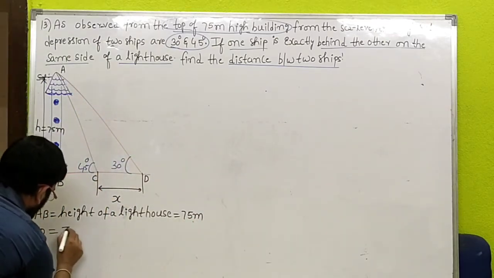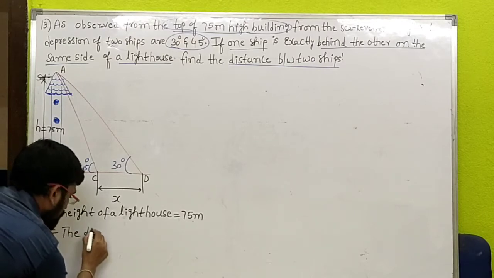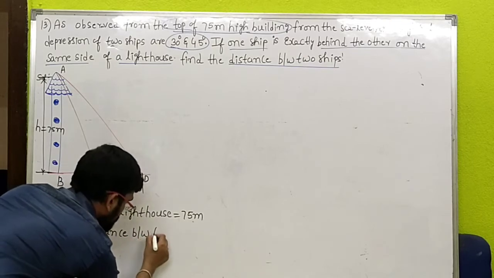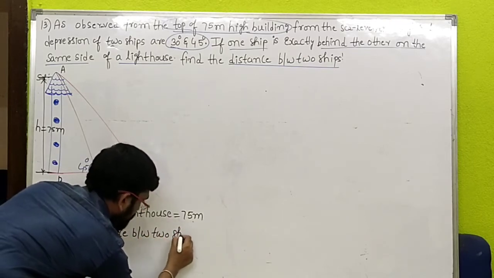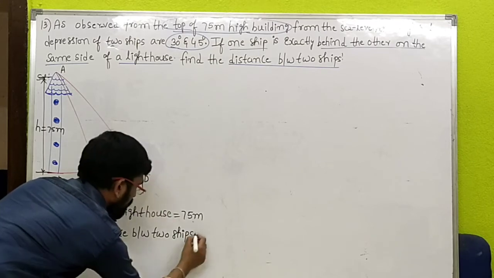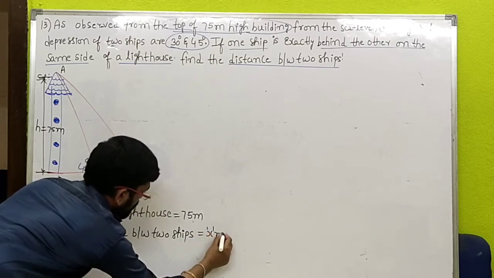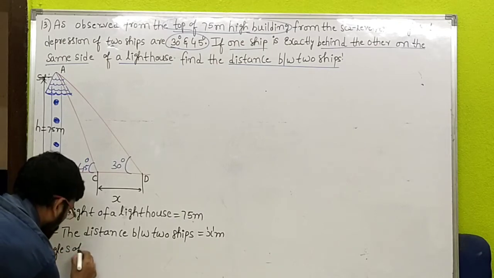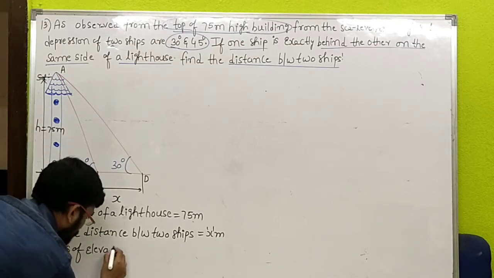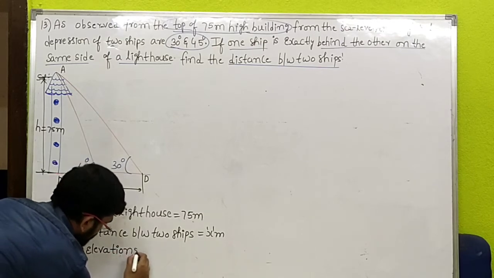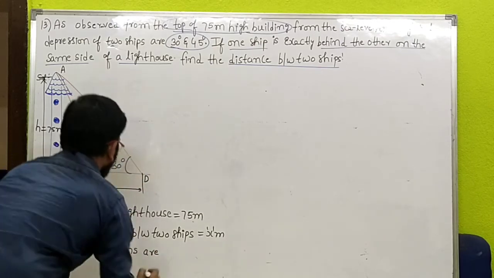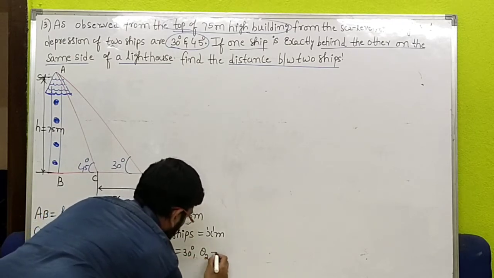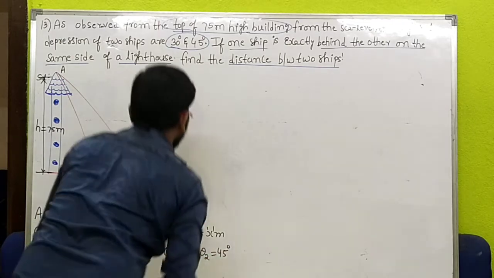CD is the distance between the two ships, which we don't know, that is x meters. Whereas the angles of elevation are theta C equals 30 degrees, and theta D equals 45 degrees.